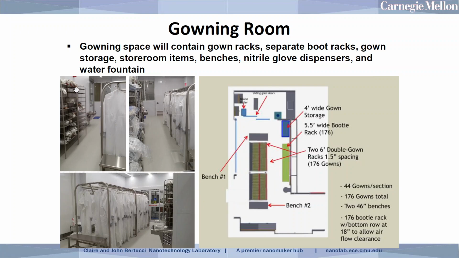Those get stored here in little cubby areas. The water fountain is shown here right next to the boot rack. And then the storeroom area is here against the back wall. It's not shown in this image, but the racks for that would be right here. So we have space for plenty of users. Every user will have an assigned space in this area to store their garments.